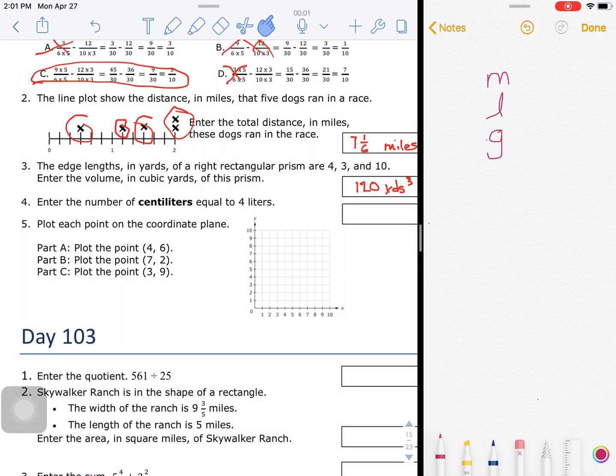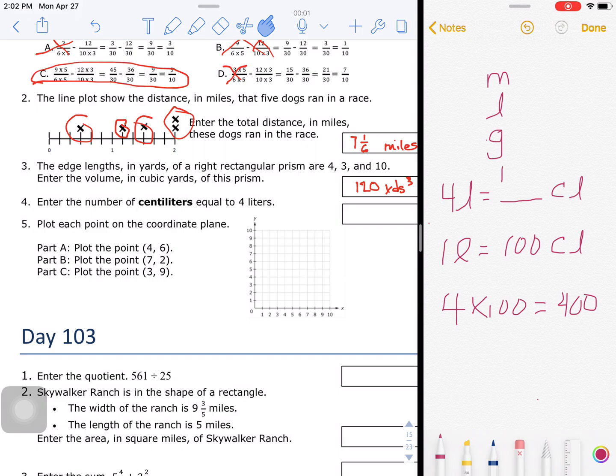So whenever I'm doing a conversion, remember that I write down what I'm given. I have 4 liters, and I want to know how many centiliters it is. I know that 1 liter is equal to 100 centiliters. So I'm going to take 4 copies of 100, which is 400. So I end up with 400 centiliters.